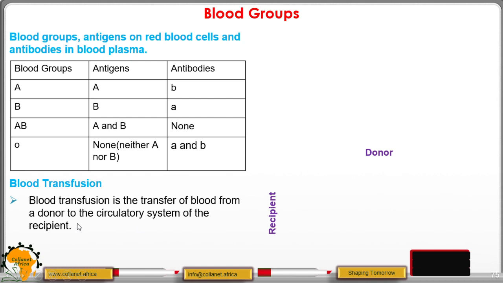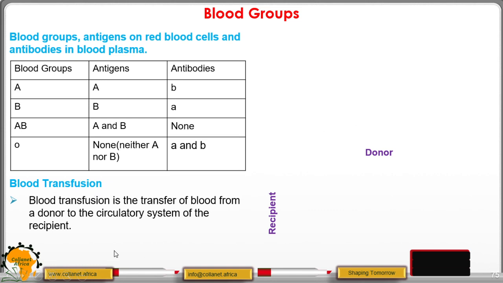So normally there are organizations like the Red Cross, which carry out this blood transfusion to assist those people who have shortage of blood, maybe in women during delivery, where a woman has lost excess blood, or in case of accidents, or some sicknesses, and the individual is found to have little blood. So this knowledge of blood group is essential at the time of blood transfusion.